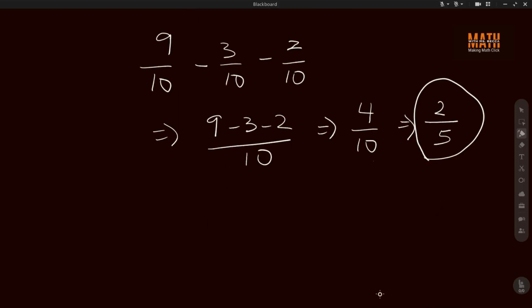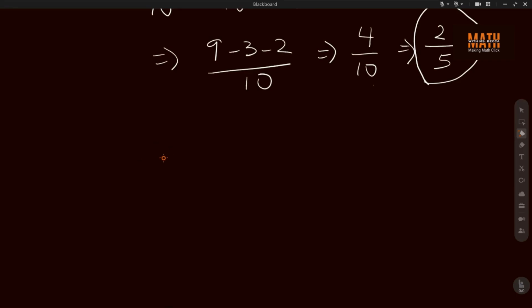What applies to addition of fractions with the same denominator applies to subtraction. If there are 2 or 3, you add across the numerator or you subtract and you keep the denominator. So the summary is that when you are adding or subtracting 2 or 3 fractions with the same denominator, the first thing is for you to keep the denominator.